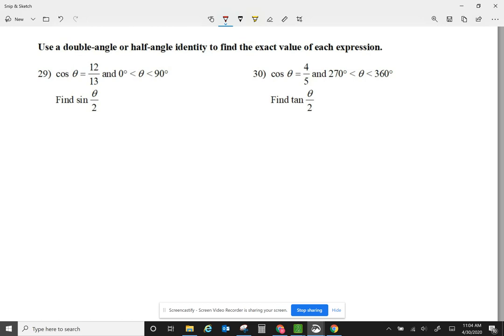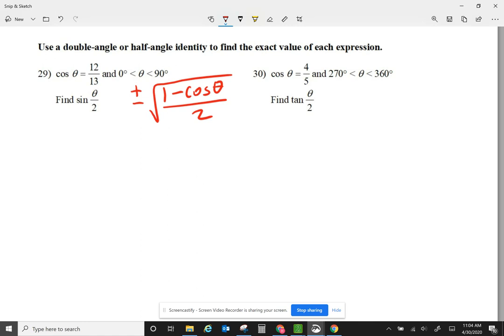So looking at sine of theta over 2, according to my formula, I have plus or minus, depending on the quadrant where I'm at, the square root of 1 minus cosine of theta over 2, and all that fraction is inside my square root.